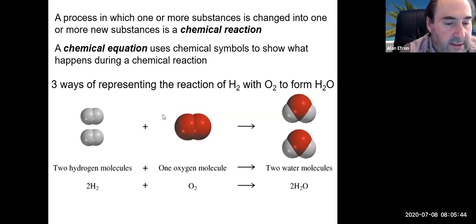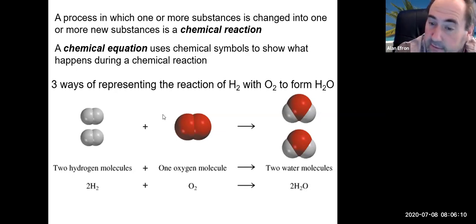Because that process really only involves electrons, we have conservation of elements. We don't change any elements. Elements are determined by the number of protons, which are in the nucleus, and in a normal chemical reaction those are not involved.